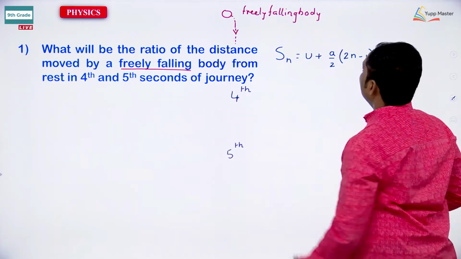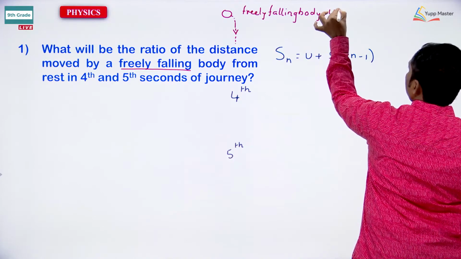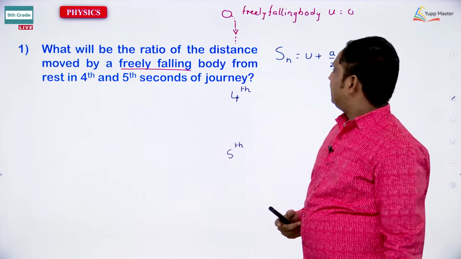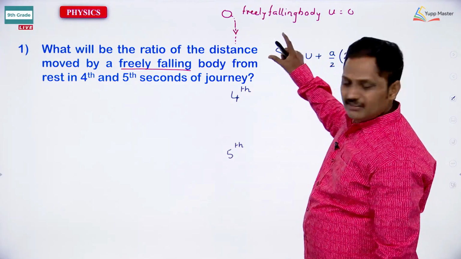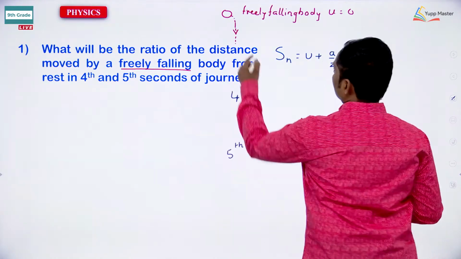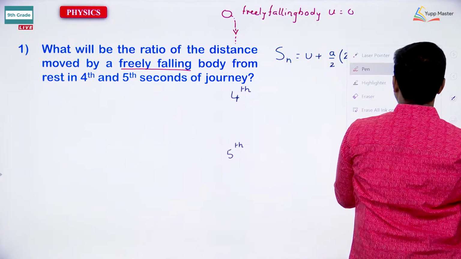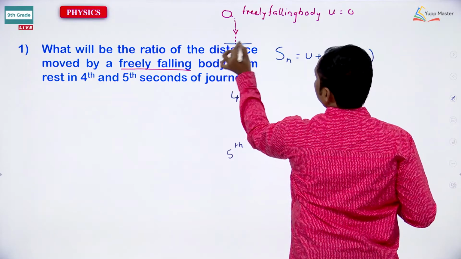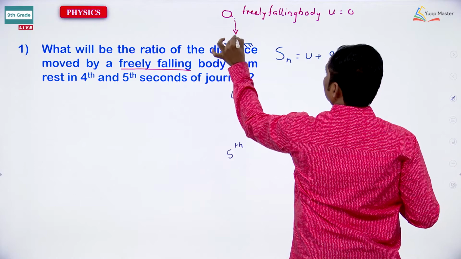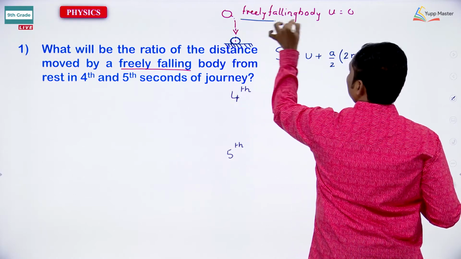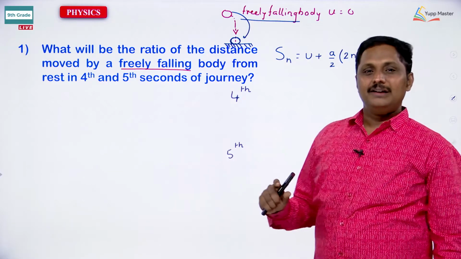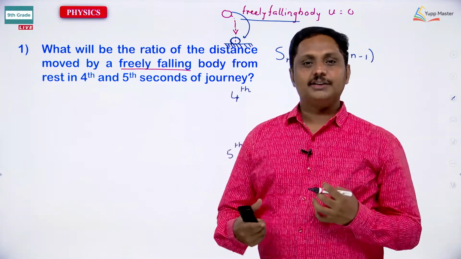We can take that its initial velocity is going to be 0, all right. So, gradually its speed is going to be increased. While reaching the ground, it attains the maximum.